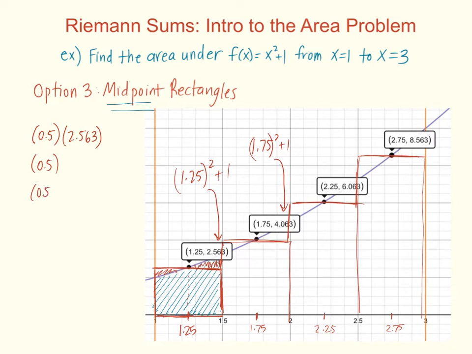That's never going to change in this problem because I've got a width of 2 and 4 rectangles. It's just a matter of substituting in those midpoint values, 6.063 and 8.563.